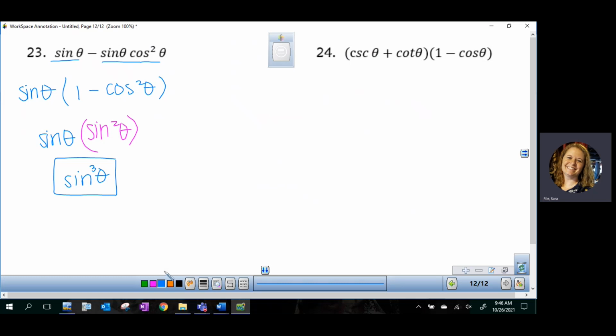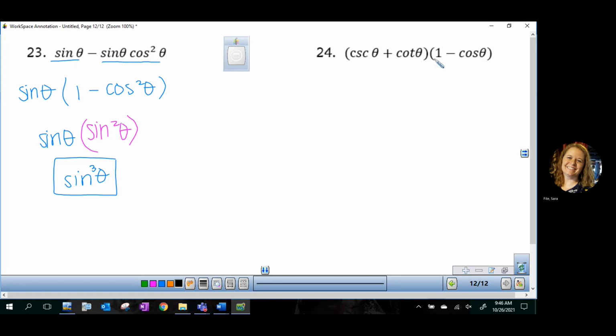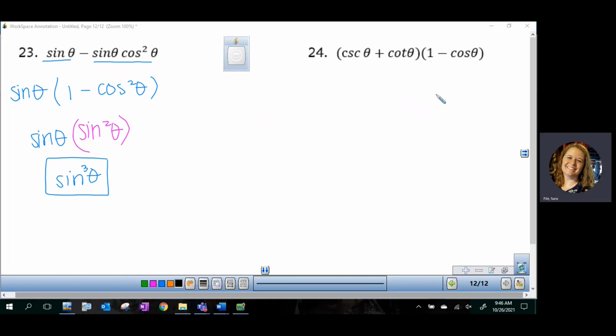All right, last but not least for this section, there's another one, it was number 10, that was similar to this in style. You have a binomial, that means a two-term expression, right? Times a binomial. In algebra, when you have a binomial times a binomial, what do you do to simplify this? What's that process called? If I want to get rid of these parentheses, what would I have to do?